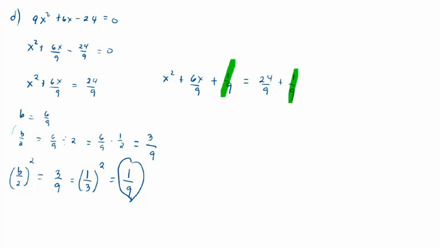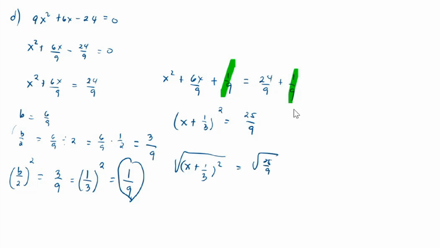So we take now the roots for the first and the last term. The square root of x squared is x, plus, because the middle sign is plus, and the square root of 1 over 9 is 1/3. And then we square that, and on the right, adding these, we have 25 over 9. After that, we take the roots of x plus 1/3 squared and the square root of 25 over 9.